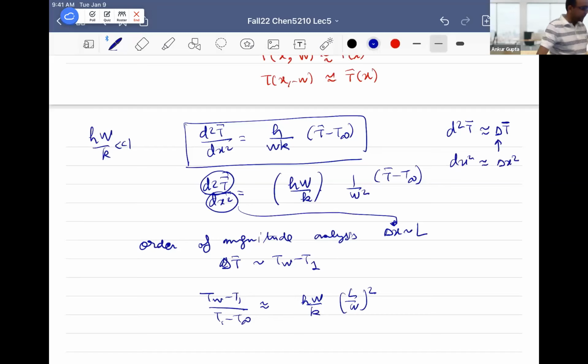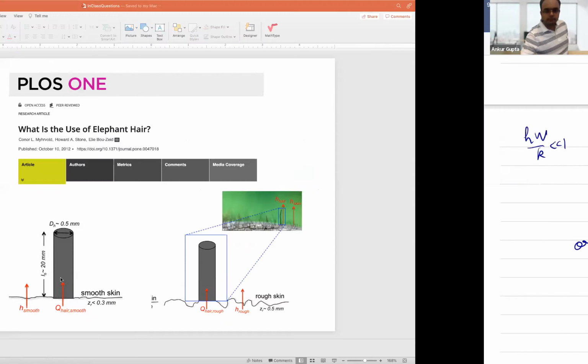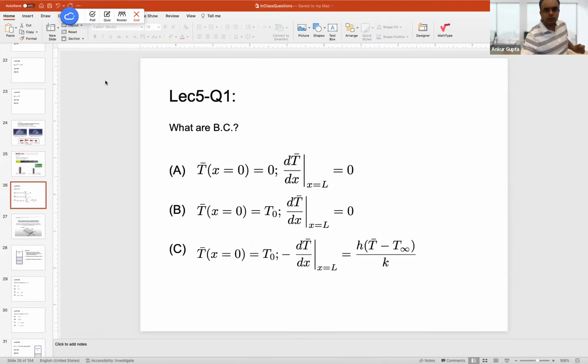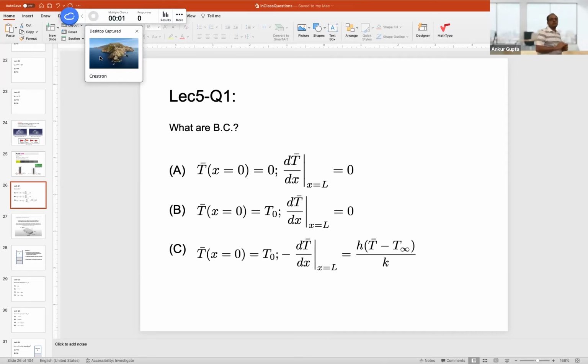Let's do a quick poll, we haven't done that yet. A quick poll on what you think would be the boundary conditions. Hopefully this is straightforward. Let's see what you think are the boundary conditions for this problem.